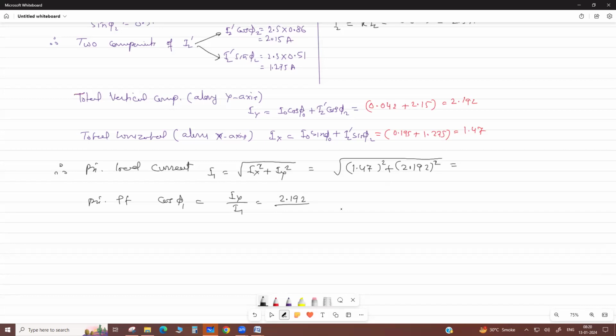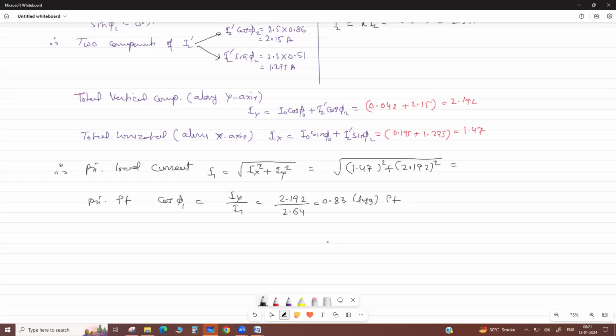It is 0.83 lagging power factor. Clear? This is the answer.